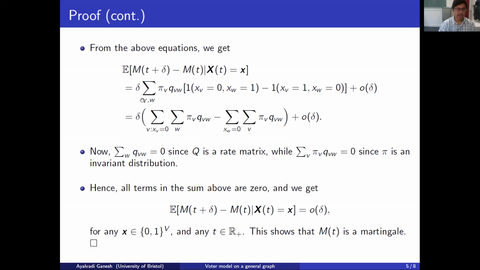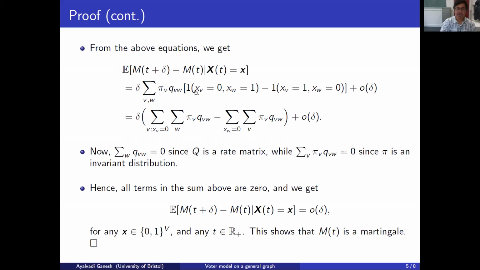Hopefully with that more detailed explanation, you can work through this and see I'm doing exactly the same thing here. The sum was over xv equals 0, xw equals 1, minus the same with xv being 1 and xw being 0.